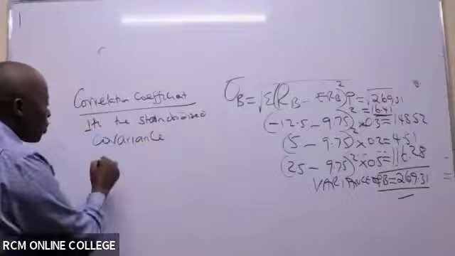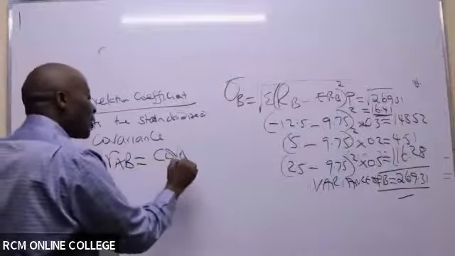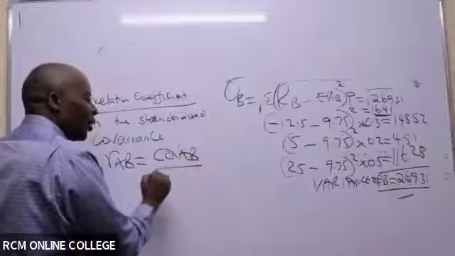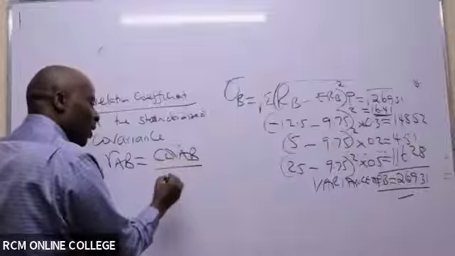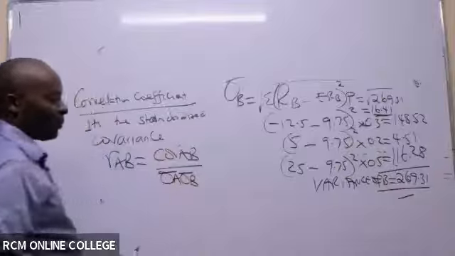So if they tell me to give them the correlation between A and B, I will remember it's standardized covariance. So basically take the covariance you have, and you divide this by the respective standard deviations.